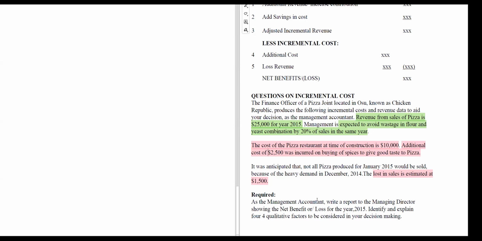Look at it carefully. We haven't lost sales. So loss in sales is 0. But now loss in sales has increased by 1,500. Is it an additional loss or it is not? Relevant. It's an additional loss.